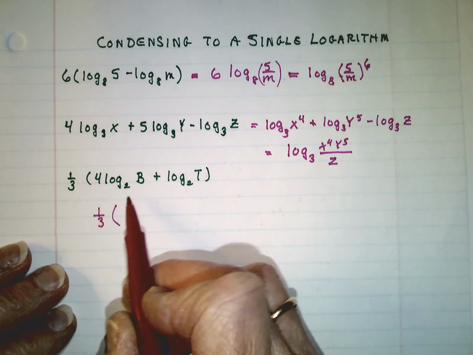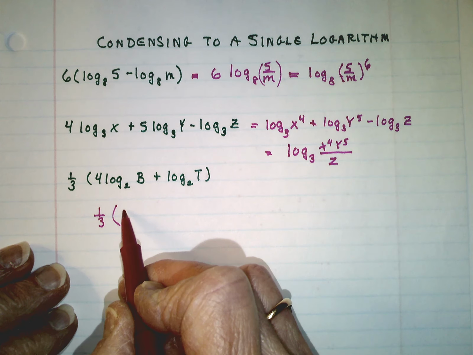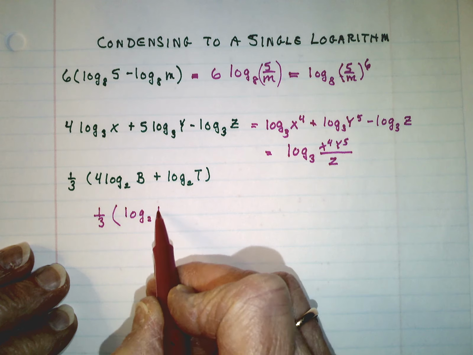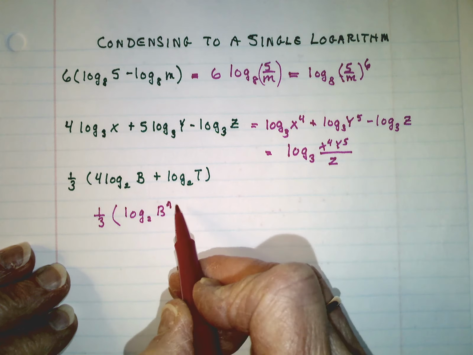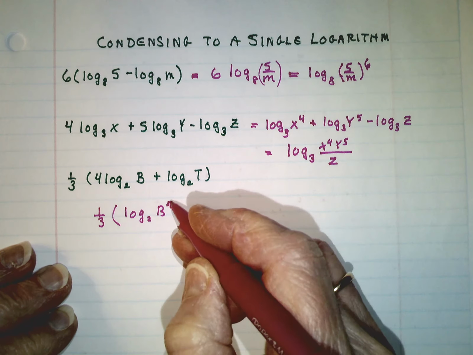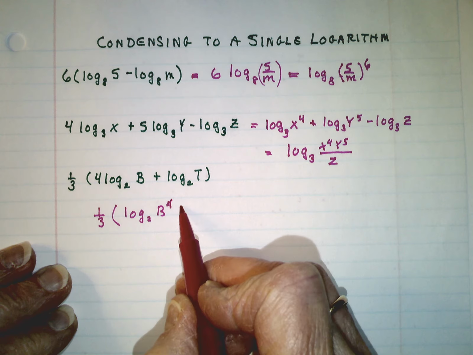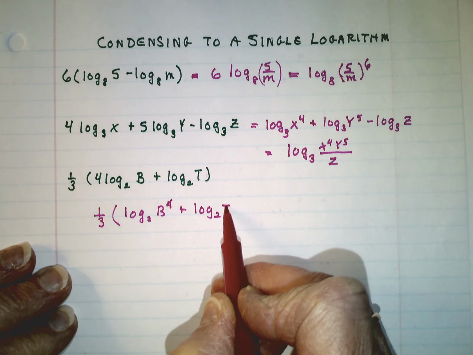Now within the parentheses, we are multiplying with logs, which implies there's a power there. So this will be log base 2 of b raised to the 4th power. Plus log base 2 of t.